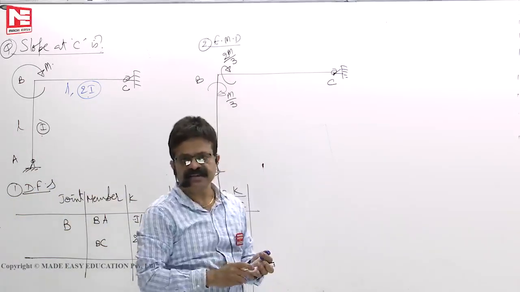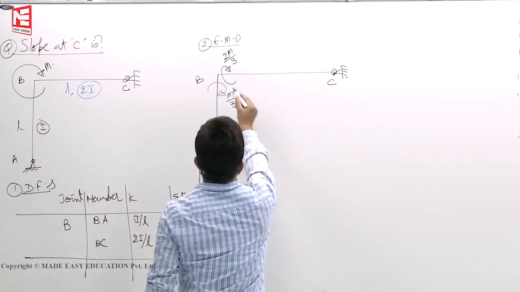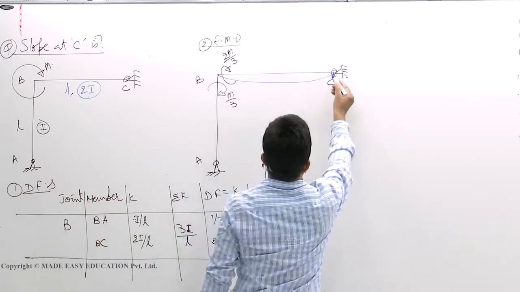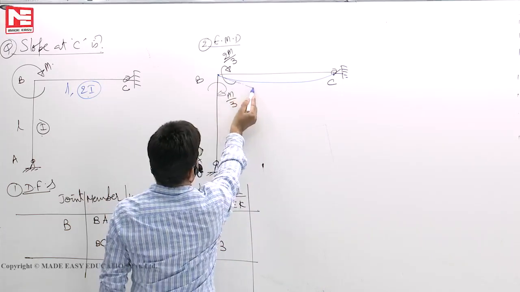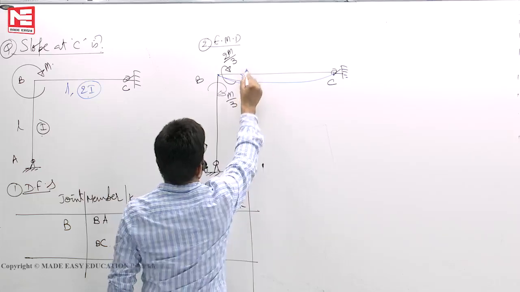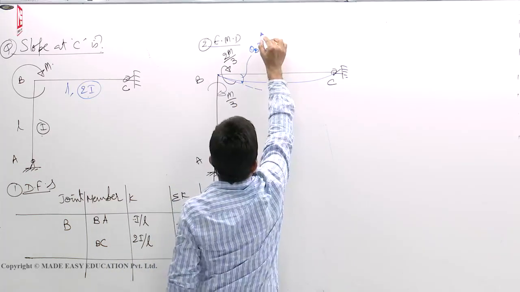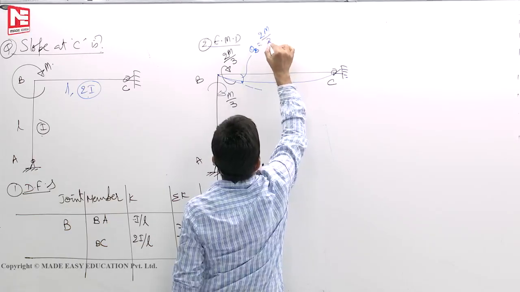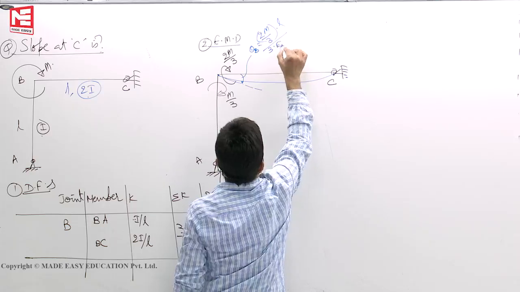But he is not asking EMD, he is asking the slope at C. Now draw the deflection profile like this. This is theta B. ML by 3EI is the formula, where M means 2M by 3 and I means 2I.